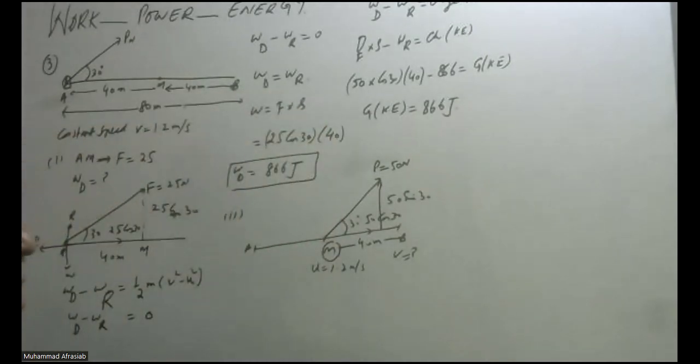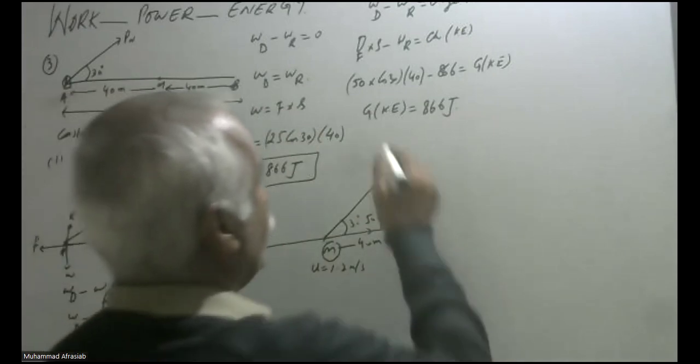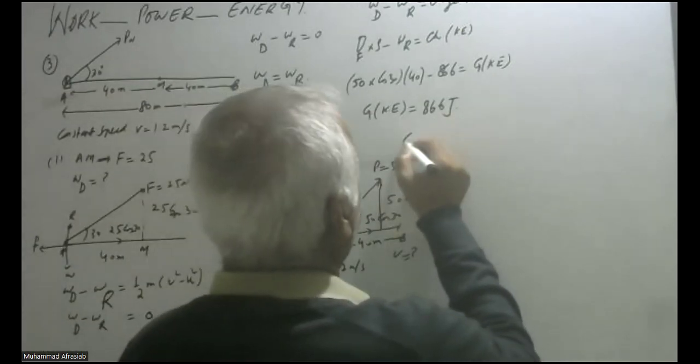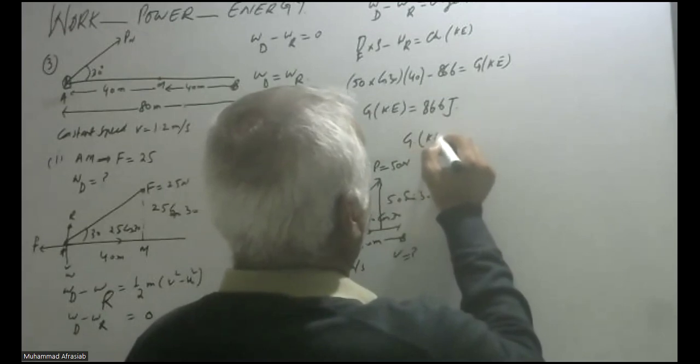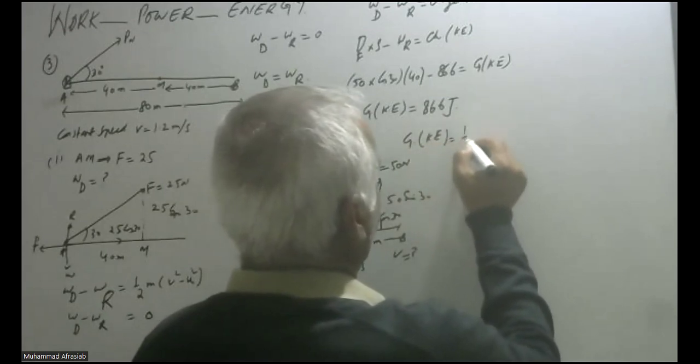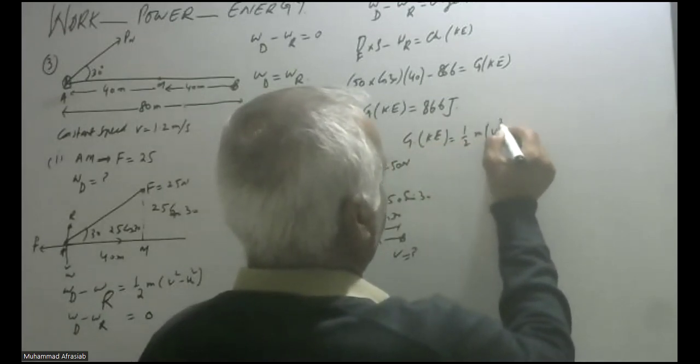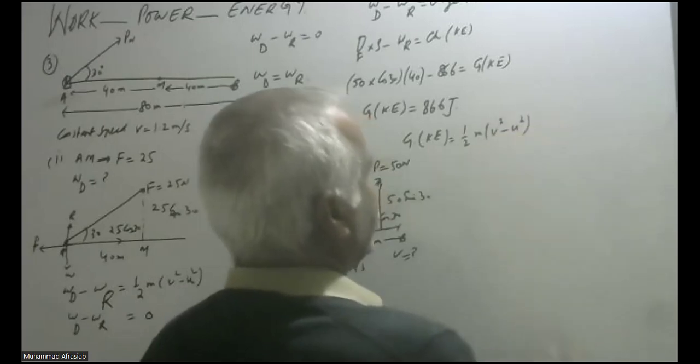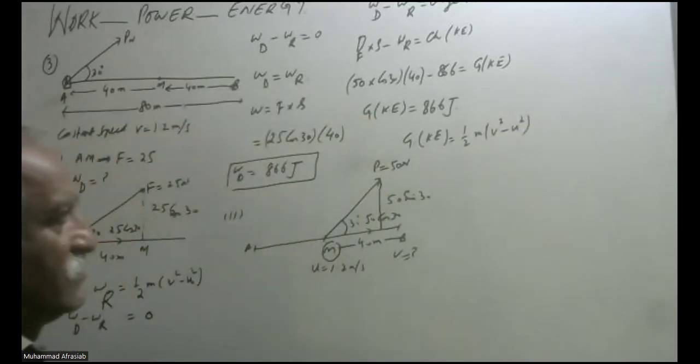And the last part, they asked about the speed when it reaches point B. We know that the gain in kinetic energy is equal to half m (v square minus u square).